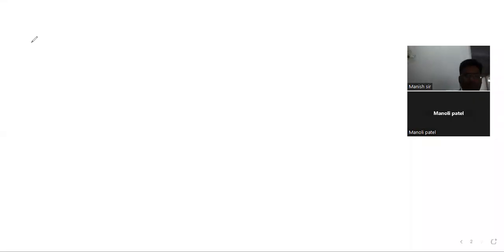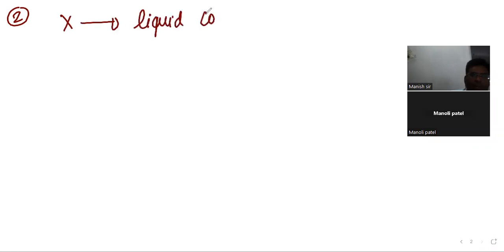Now see question number 2. A liquid compound X. Its state is liquid. A liquid compound can be purified by steam distillation. So how is it purified?